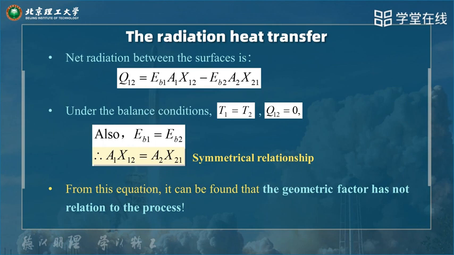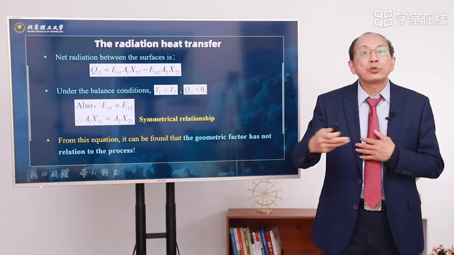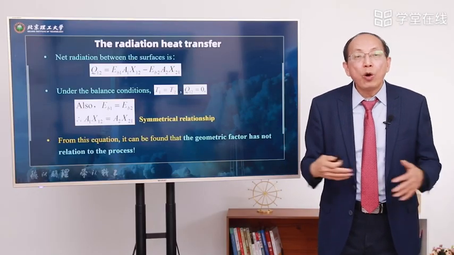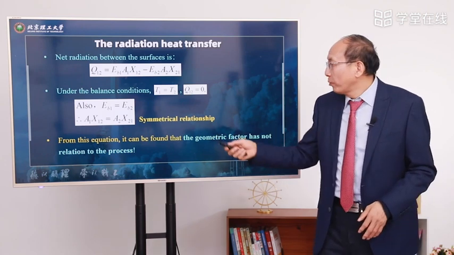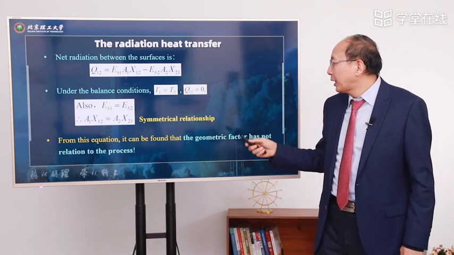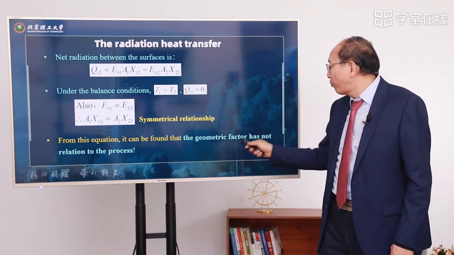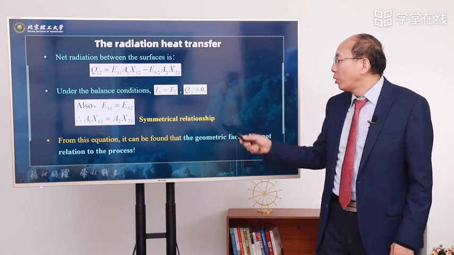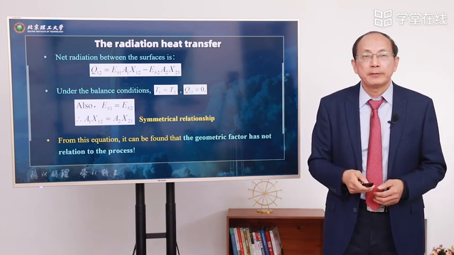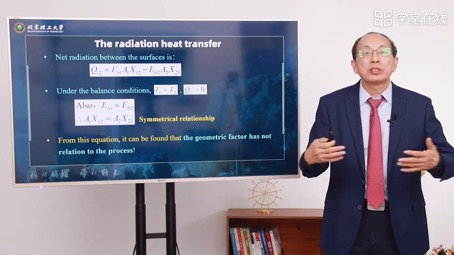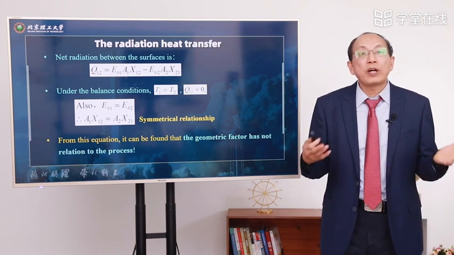You can see it is a symmetrical relationship. It has no relationship with the energy, only a geometrical relationship. From this equation, it can be found the geometrical factor has no relation to the process, only to the geometry.